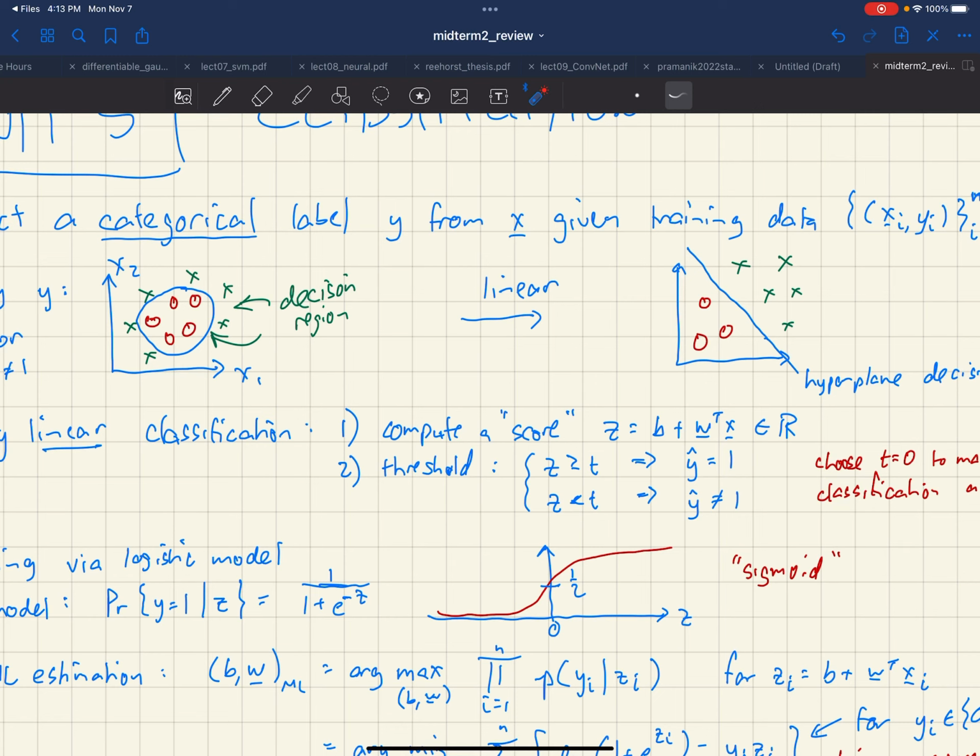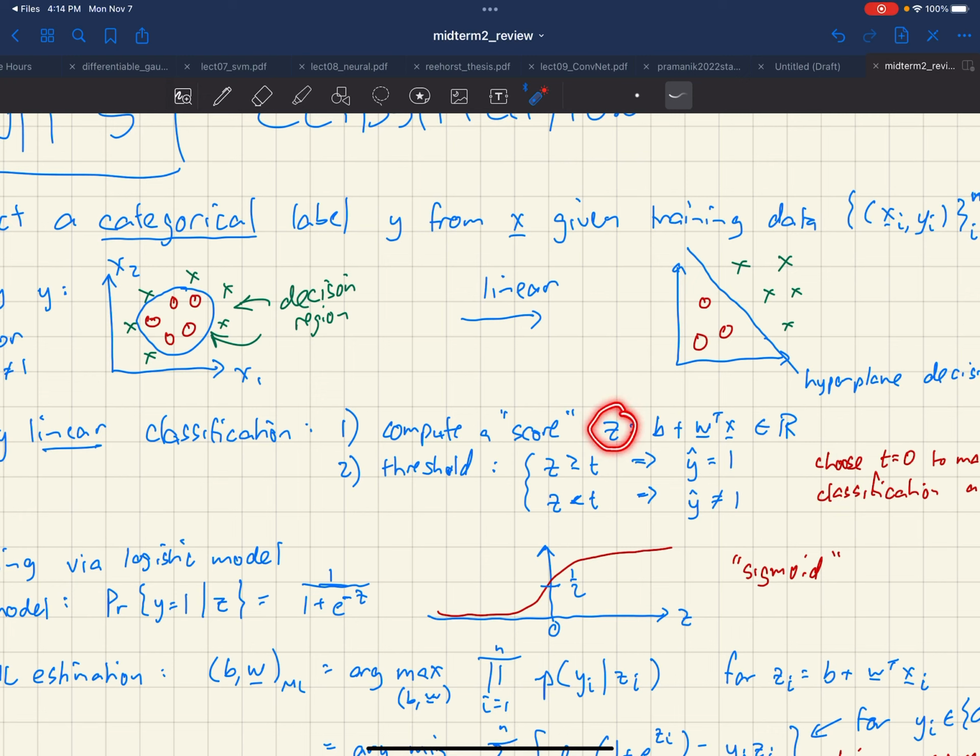And the more confident we are that the label is not equal to 1, the closer Z will be to negative infinity. When Z is exactly 0, that means we have very little confidence either way. We don't know whether it's a 1 or minus 1. That's the point of least confidence.